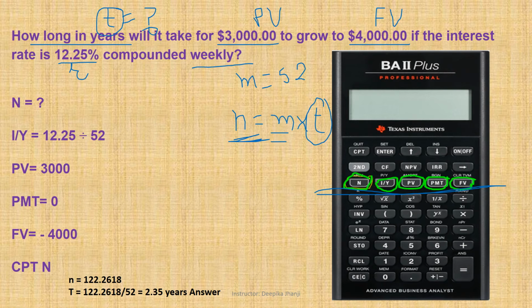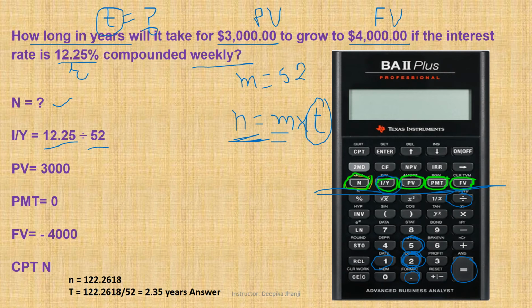Okay, so n is the question mark. IY is 12.25 divided by 52. Again, I'll input 12.25 divided by 52 equals and then IY.